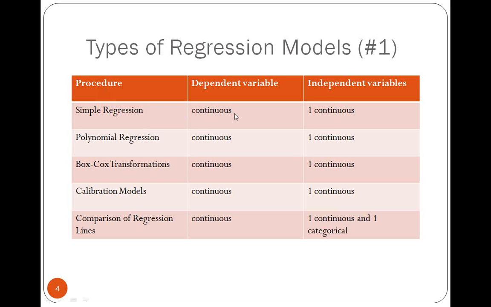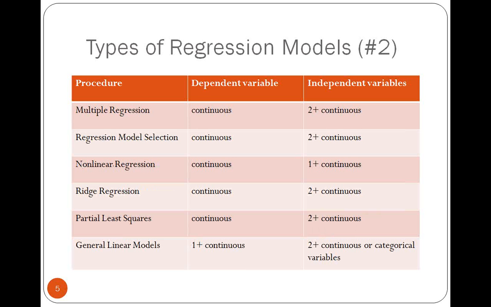For all of the procedures on this page, simple regression, polynomial regression, and so forth, the dependent variable is continuous. For the first 4, there is a single continuous independent variable, so you've got basically one Y and one X, with the exception of the comparison of regression lines, where you have both a continuous X and some categorical variable that differentiates different observations.